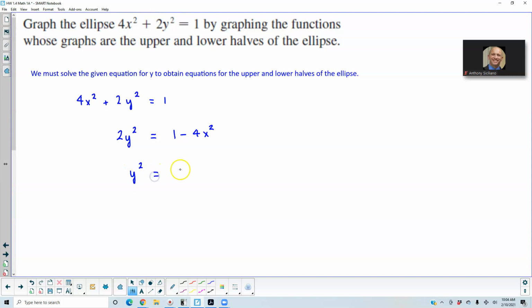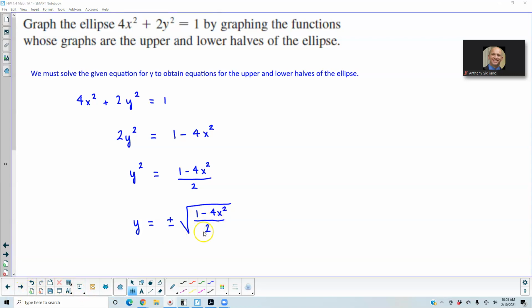We get y squared, which is equal to 1 minus 4x squared divided by 2. Taking the square root of both sides, we get plus or minus the square root of 1 minus 4x squared divided by 2.